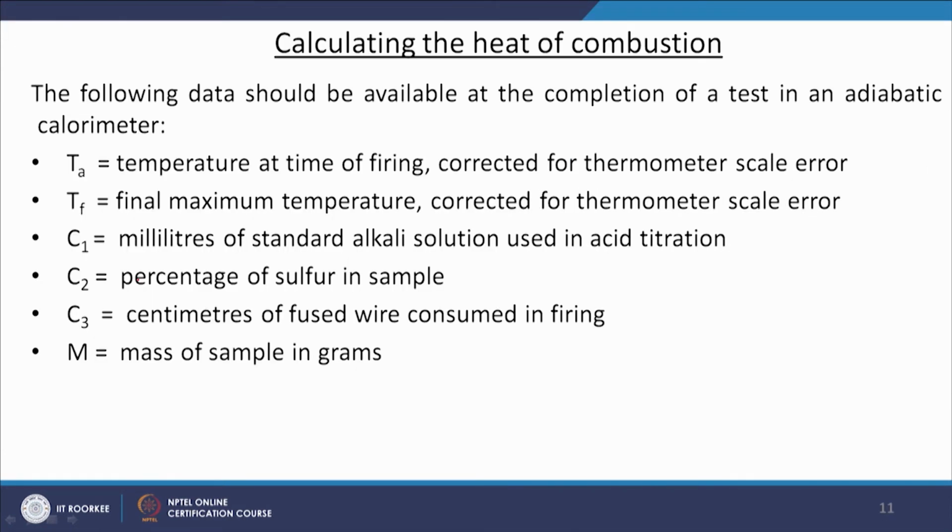After this experiment, the following data should be available at the completion of the test in an adiabatic calorimeter: TA, the temperature at the time of firing, corrected for thermometer scale error. So, we have to correct if there is any error in the thermometer measurement, and TF is the final maximum temperature, where again some correction is needed. Nowadays we can also get del T directly, as a differential thermometer is available.